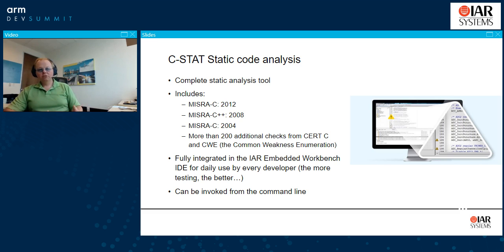Because what C-STAT produces by default is a SQLite database, and that SQLite database can be queried in order to find out, what rules did I check, what issues did you find, what files did you find it in, et cetera, et cetera. But it can also produce a nice little HTML format as well that makes it a little bit easier to have a human readable format for that.